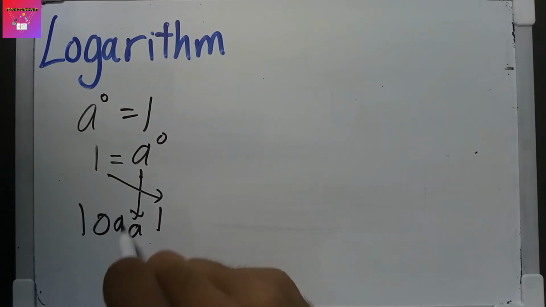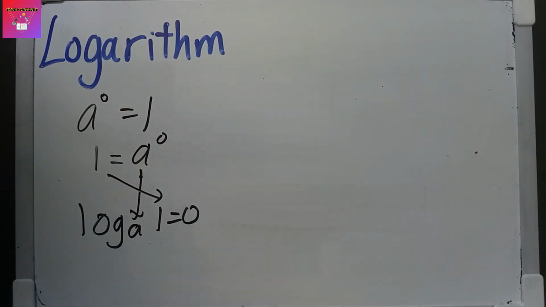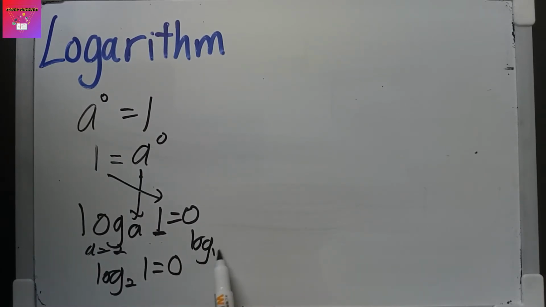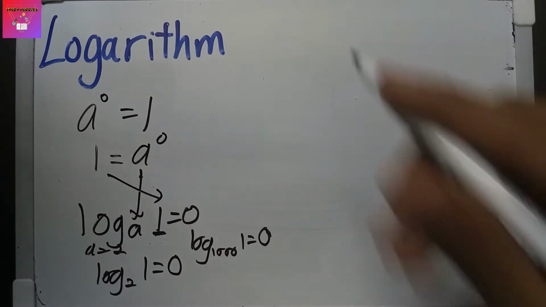Log a of 1 is equal to 0, which means that anything which has 1 after its base is going to give a result of 0. Let's say if I put a equals 2, log 2 of 1 is also going to be 0. Log 100 of 1 is also going to be 0. So anything which has 1 after its base is automatically 0.